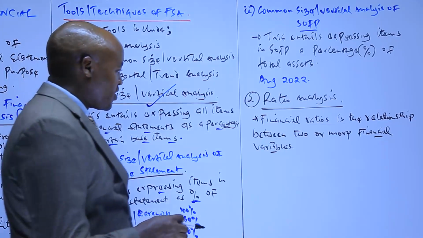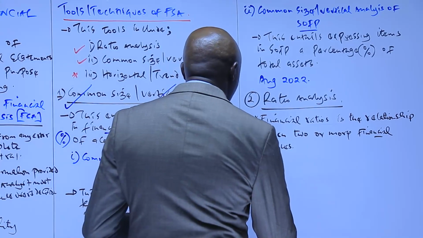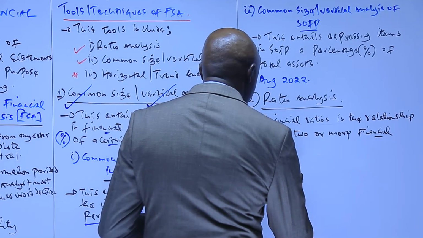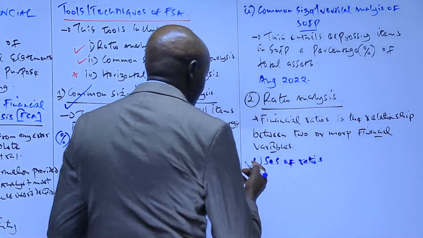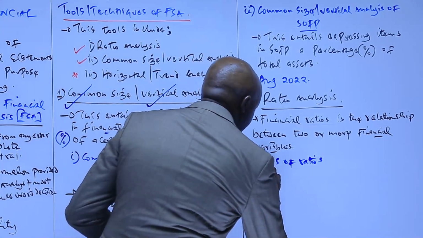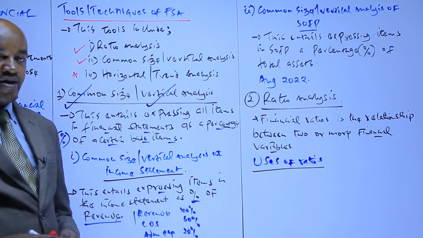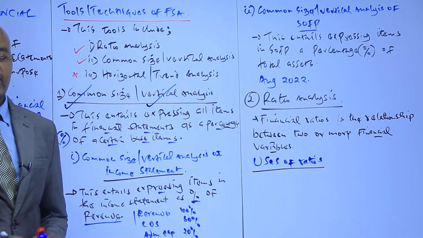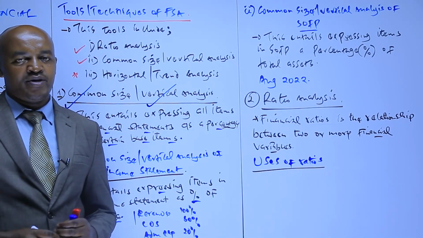So therefore, you can look at the uses of ratios, or uses of financial ratios. And even before you look at these uses of the ratios, it is important to note that we have around 5 categories of ratios which may be computed using the information in the income statement and the statement of financial position.